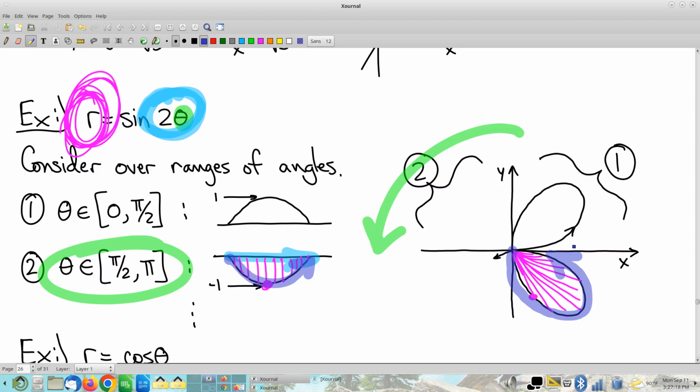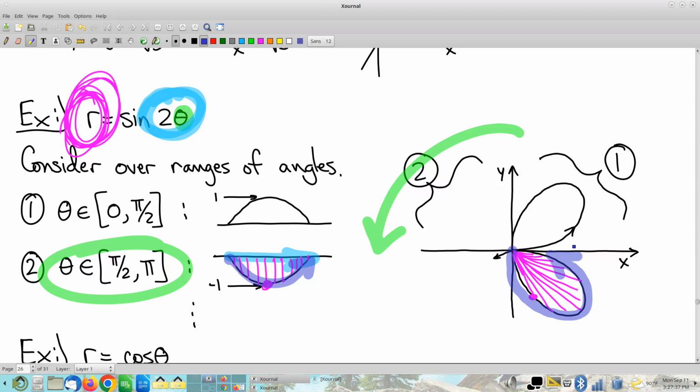Because 2 theta is going from pi to 2 pi. Does that make sense? Yeah. Okay. I didn't label the axes because I didn't want it to get weird. Right, but just in terms of what goes into the sine function, what comes out of the sine function, this is what's happening. Yeah, that's right.